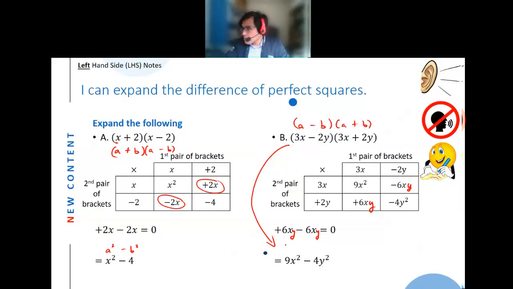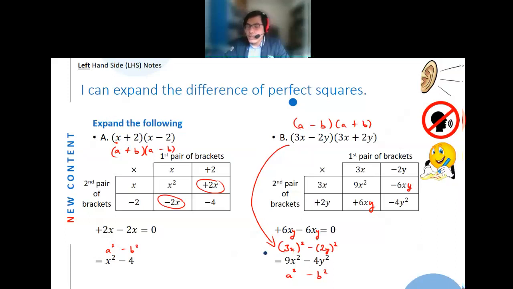So what you do is you would square them, because the rule says that's equal to a squared minus b squared. So that's going to be (3x) squared minus (2y) squared.